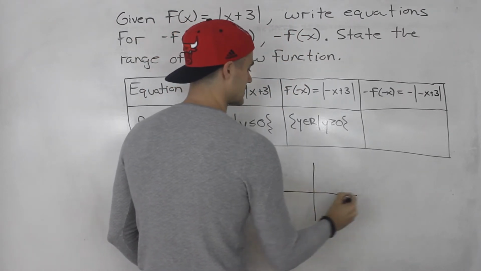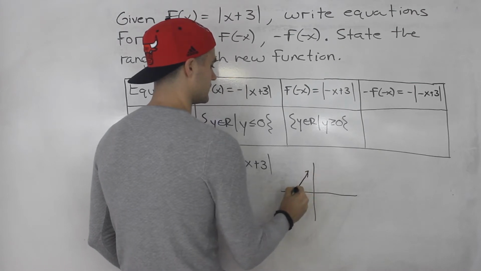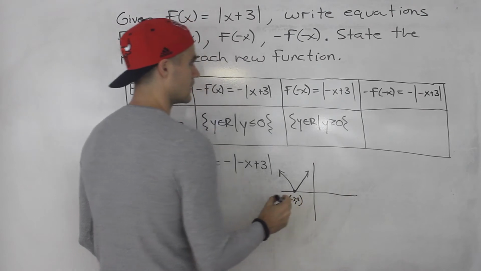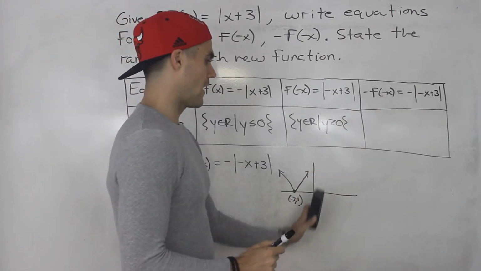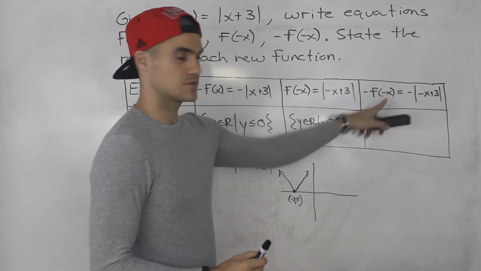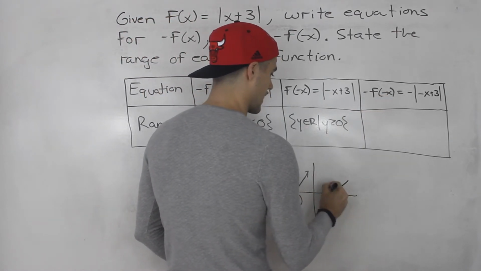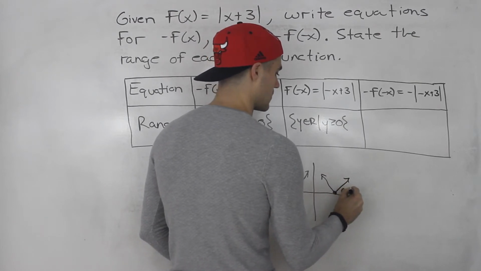And it's basically the same thing. So we're taking that parent function, which is at negative 3, 0. We are reflecting it in the y-axis first because that k value is negative 1. So that's going to be here, at positive 3, 0.